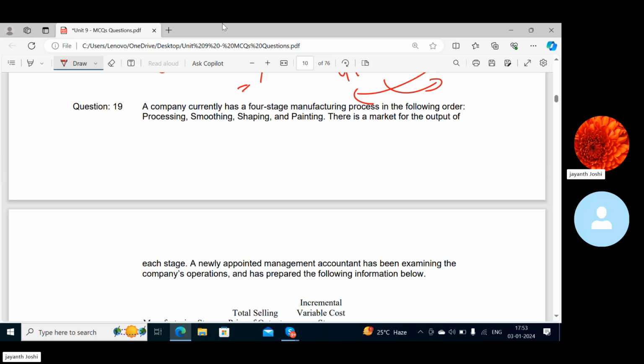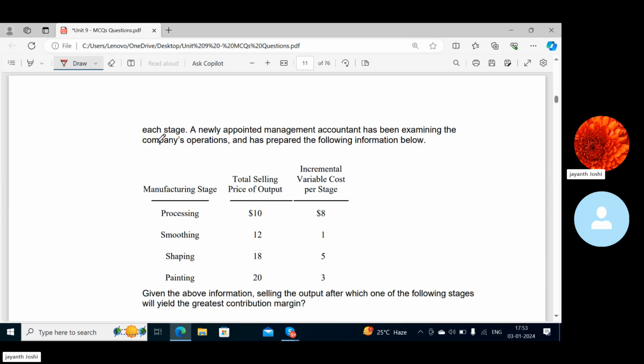Company currently has a 4-stage manufacturing process in the following order: processing, smoothing, shaping, painting. There is a market for the output of each stage. A newly appointed management accountant has been examining the company's operations and has prepared the following information.